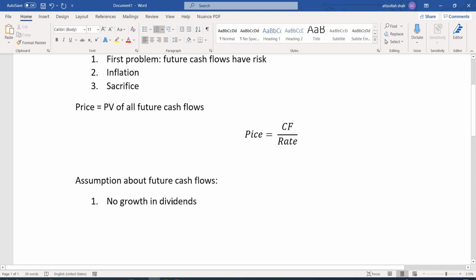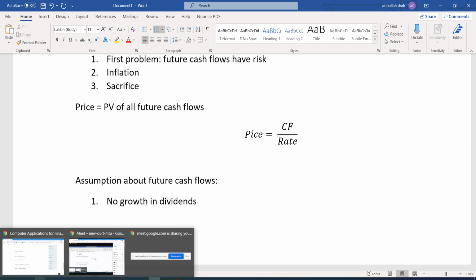Now coming towards the assumptions about future cash flows, our first model is no growth in the dividends. So assume that there are certain companies which are now mature and they don't see any growth in their earnings.